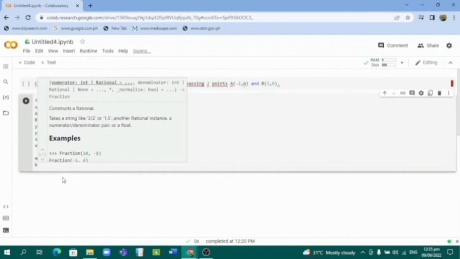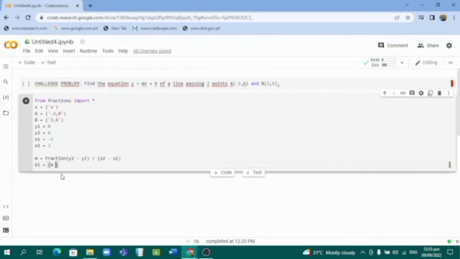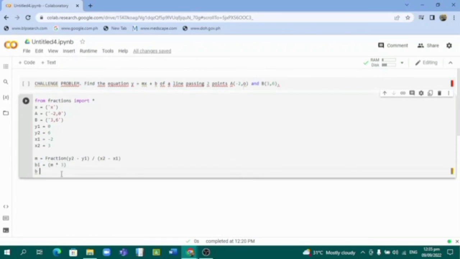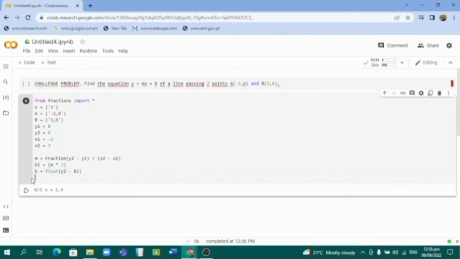And b, initial b, equals m multiplied by 3, and to get the b, equal to negative float function, y sub 2 minus the initial. We're gonna print it.